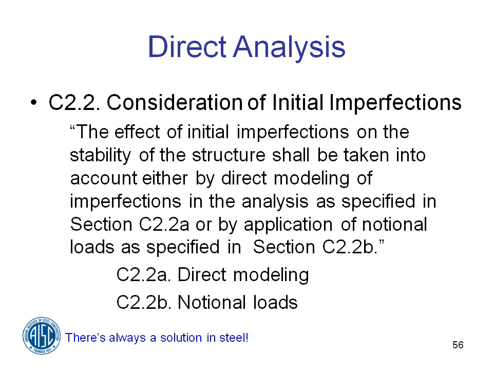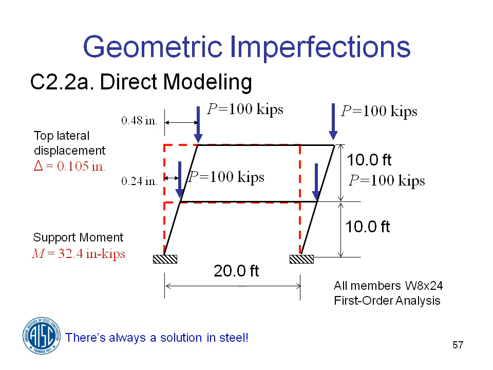Now how about the initial imperfections? For the direct analysis method, you can either do direct modeling or use notional loads. So here is a model where I've directly modeled the imperfections. Remember, the out of plumbness was the height over 500. So if I take the height over 500 of a 10-foot story, I get 0.24 inches. And so my first level is out of plumb an amount of 0.24 inches.